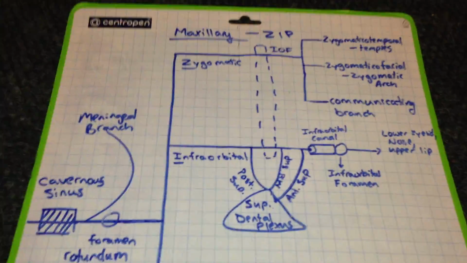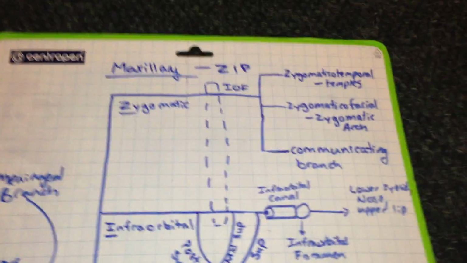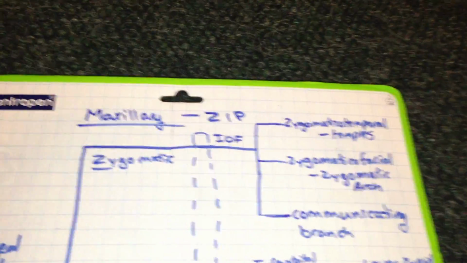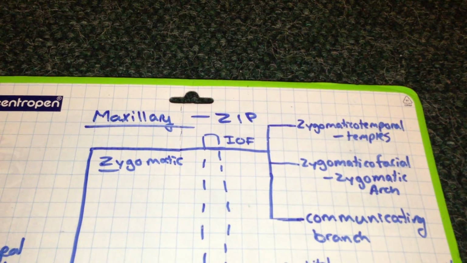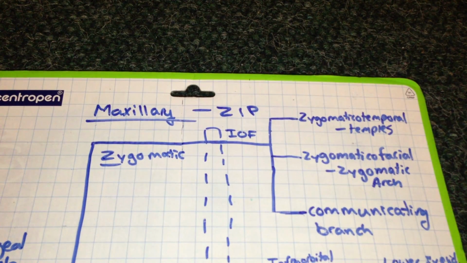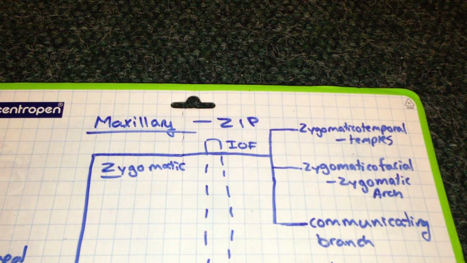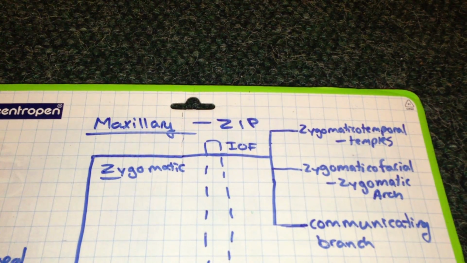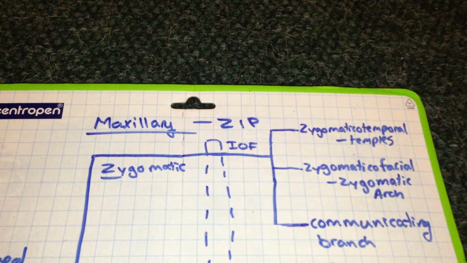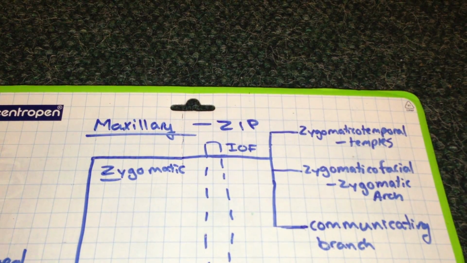Okay, now let's start with the zygomatic branch of the maxillary. For the zygomatic branch of the maxillary, it's going to pass through the inferior orbital fissure to enter the lateral part of the orbit, and it makes sense because if you think of your zygomatic arch, it's going to be lateral to the orbit.